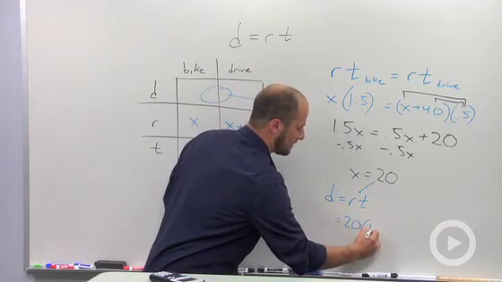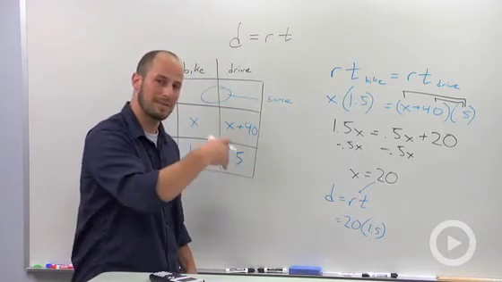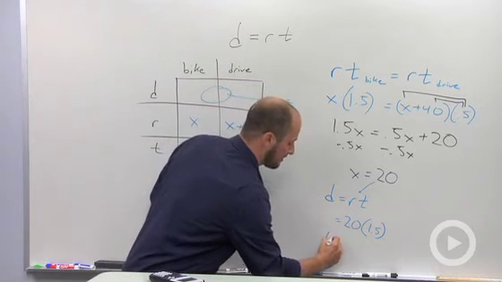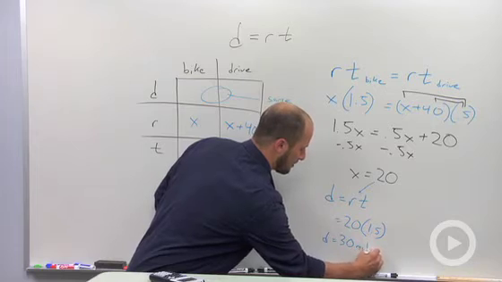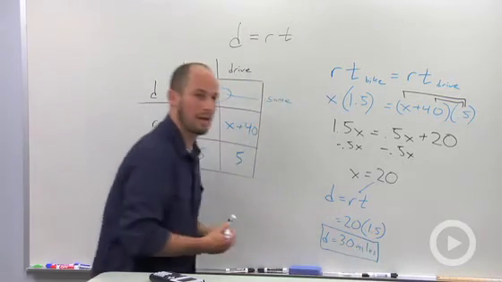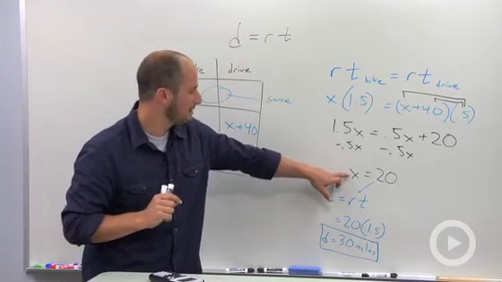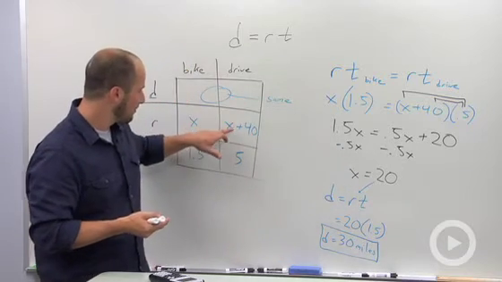My biking time is an hour and a half. So that biking speed times the time it takes me is going to give me my distance, which is 30 miles.